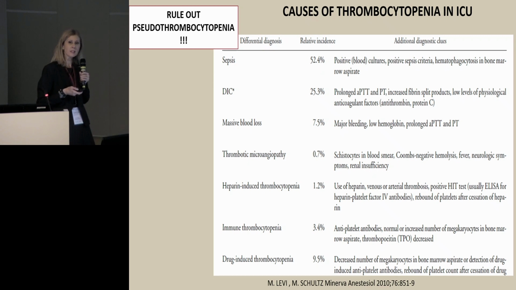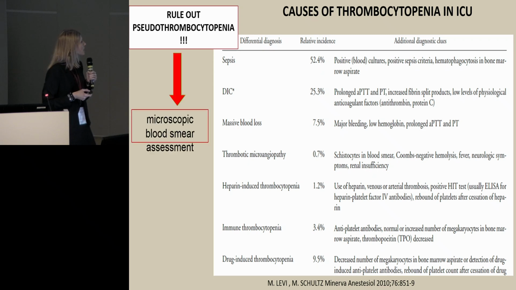So the first thing is to make sure we really have thrombocytopenia. And we can, for example, ask the lab to do a blood film assessment, and this is very easy. They look at the blood film and they confirm whether it is thrombocytopenia or not.